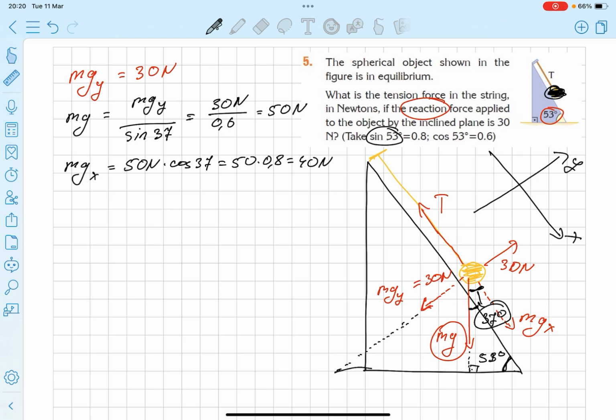Look, this value of mg by x is equal to 40, and the opposite force is the tension, right? There are no other forces. That means it is cancelled by this tension because it is in equilibrium, yeah? So mg by x will be equal to tension, which is equal to 40 newtons. That was the question, I think, yeah?